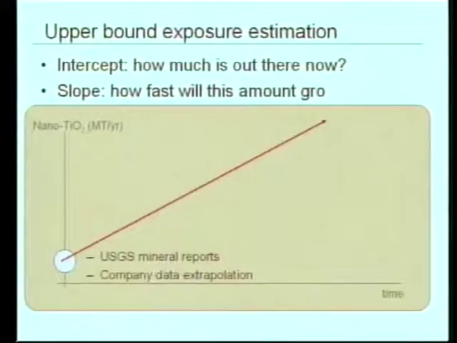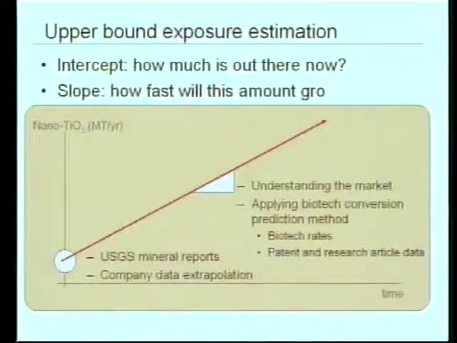So I'll talk a little bit about how we got that number and how bad it is, which is the way that every model starts. And then we'll also look at, to try to get the slope, where we do some comparisons in a collaboration with UCLA, with Lynn Zucker and Michael Darby there, who have done some great work in forecasting and understanding the rate of biotech explosion in that technology.